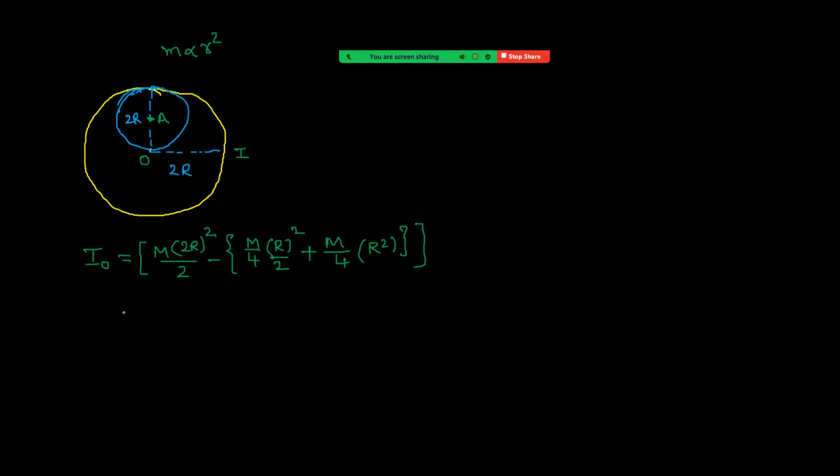See how much we get. Let us take M R square outside. Remaining, 2 square is 4, 4 by 2, it is 2, minus. This is how much? It is 1 by 8. 1 by 8 minus, this is now 1 by 4.